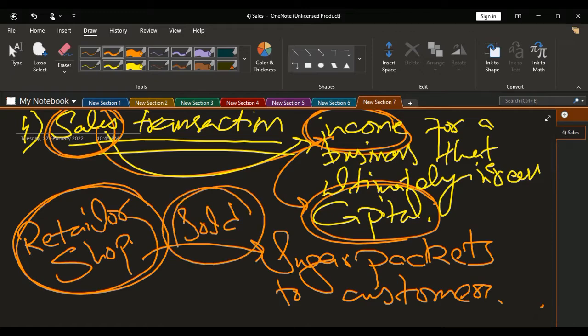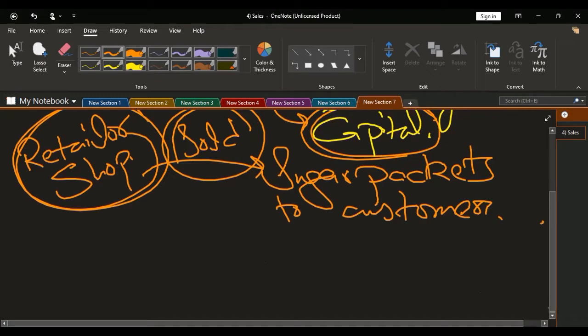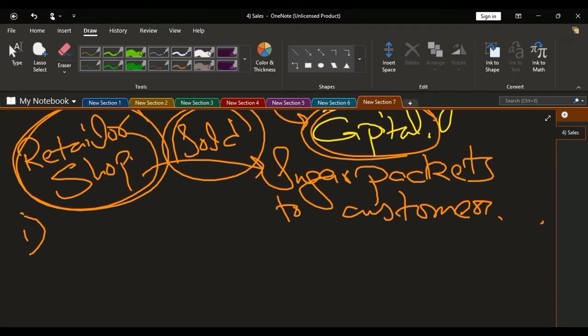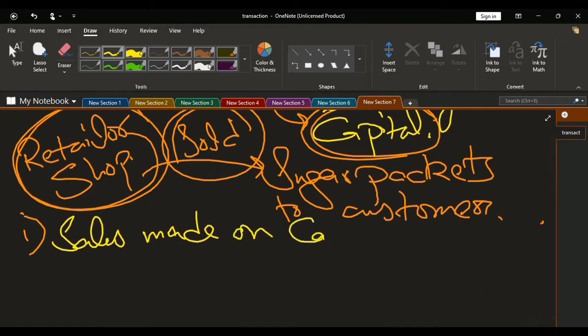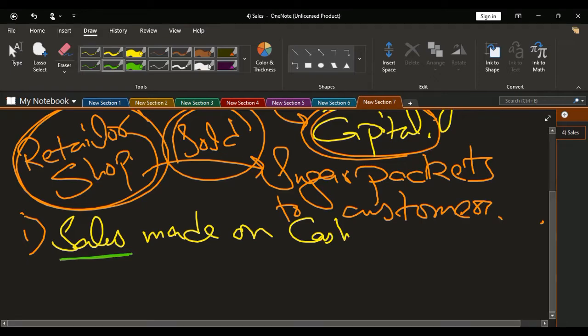So what type of transactions can be taken here? First one is that sales made on cash. So here, first thing that is going to affect is the sales, business sales, and the other that is going to affect is the cash.